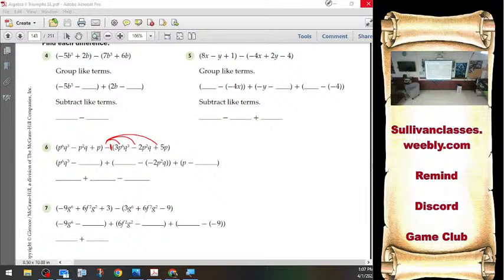Okay. So if I say negative 5 minus 7, it's negative 12. Negative times negative, so that's positive. Negative times positive, right?